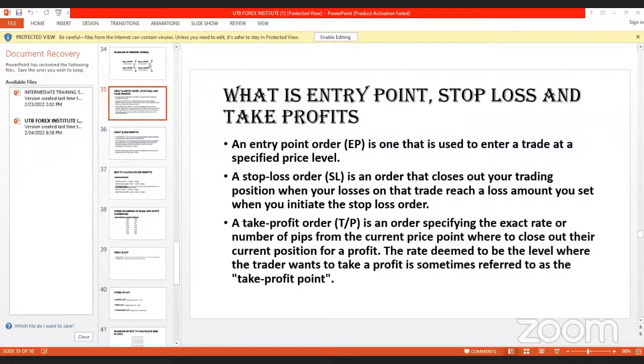Okay. So we said entry point is the price at which we execute our trade.